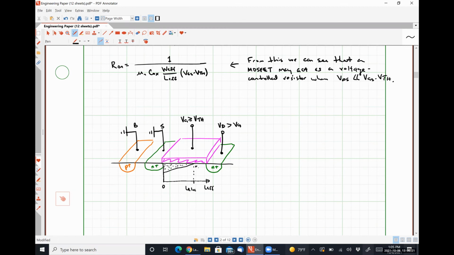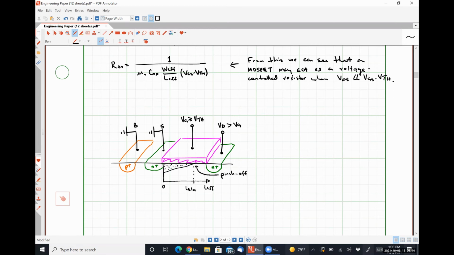And this phenomenon here, where the channel winds up not extending for the entire length of the physical channel area, is called pinch off. Okay.